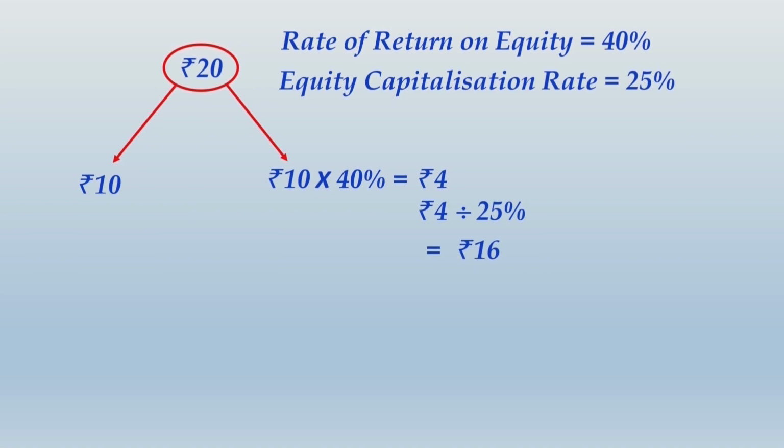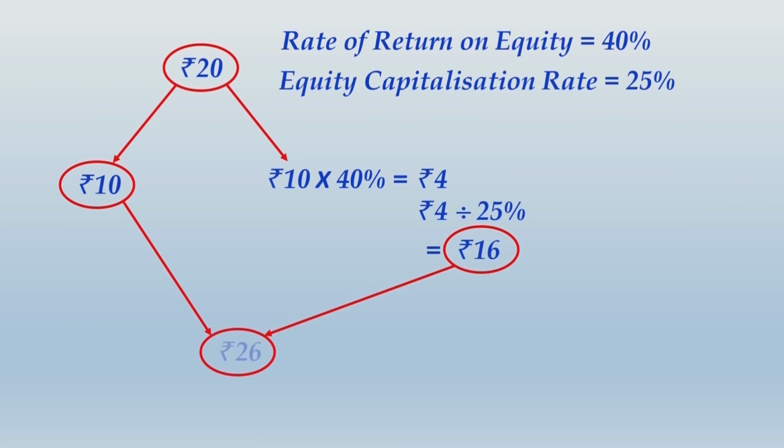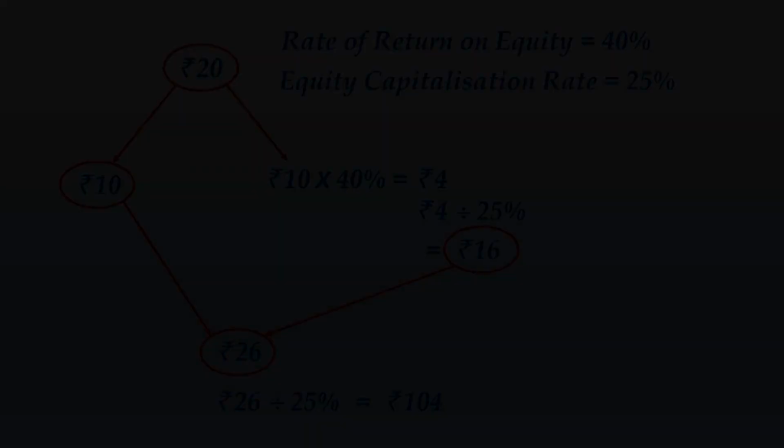That rupees 16 is the adjusted value of retained earnings. So this rupees 16 is now clubbed again along with rupees 10, and the adjusted value will be 10 plus 16, that is 26. If you divide this rupees 26 by 25%, you will get rupees 104, which is the value of the equity share as per Walter's model.